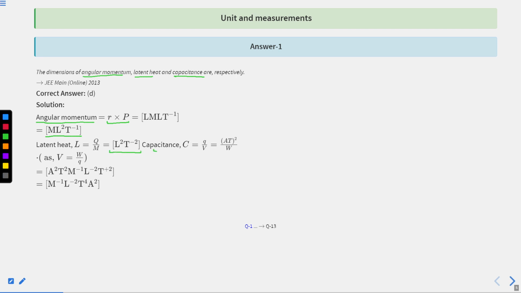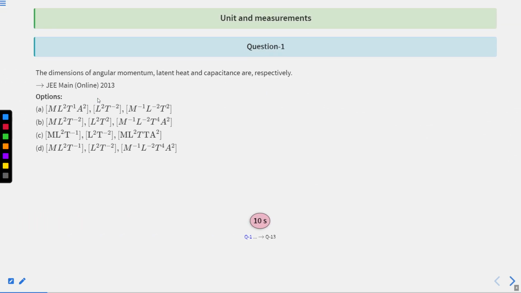And capacitance C equals Q by V, so this is the dimension of capacitance. So the correct option is D. These are the dimensions of angular momentum, latent heat and capacitance. Clear?